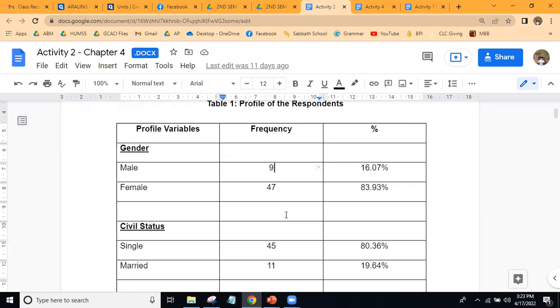Let me calculate. 47 plus 9, 56. So they have 56 respondents, and then based on the survey, meron daw 9 male and 47 female. And then this is the corresponding percentage. So paano nakuha yan? 9 divided by 56, that is 16.07%, and then 47 divided by 56, that is 83.93%.